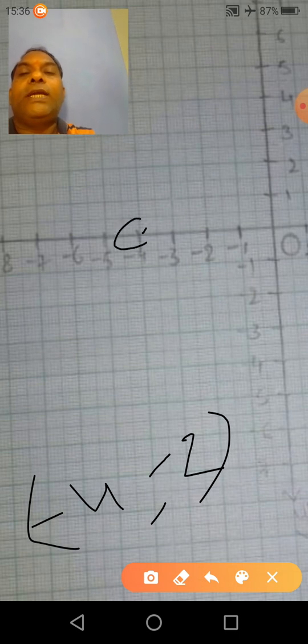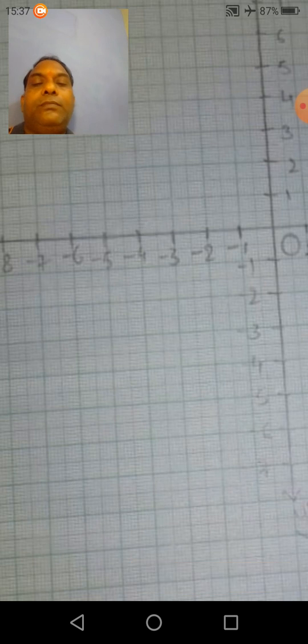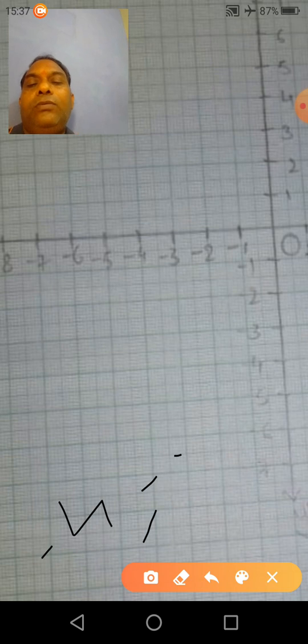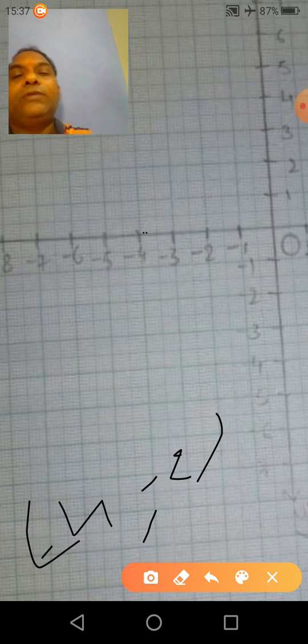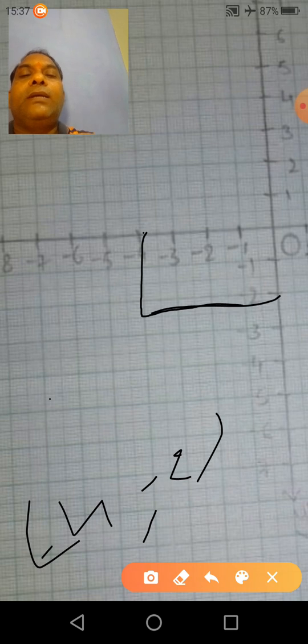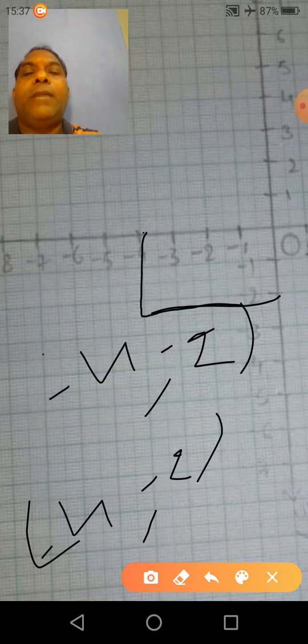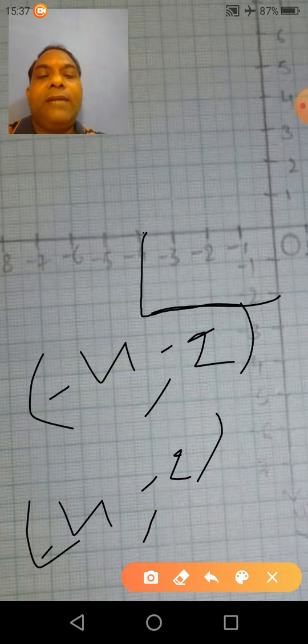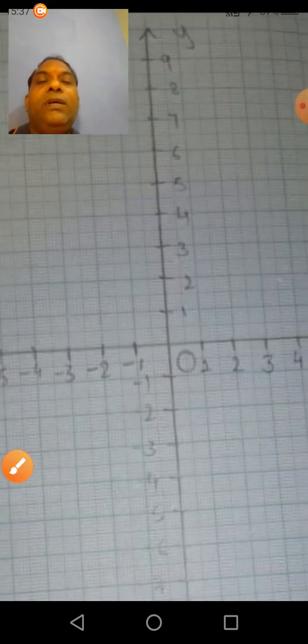So -4 here, -4, -2. So x coordinate is -4 and y is -2. So this will be (-4, -2). Clear?